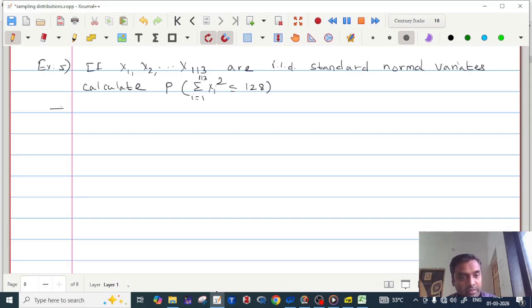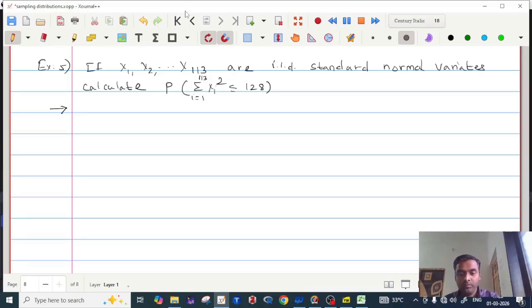Now solve the example by additive property. So this problem will be solved by Fisher approximation.